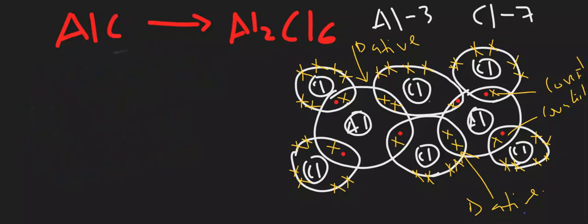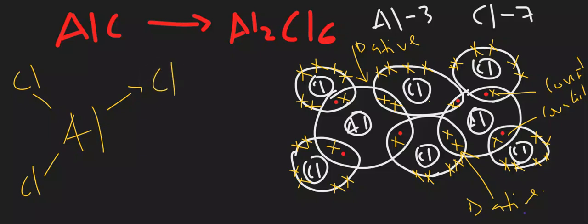How do we draw its dot diagram? Not really dot, but let me call it a dash diagram. I'll have aluminium and chlorine here. This is chlorine. Then this one will be a dative bond, chlorine.